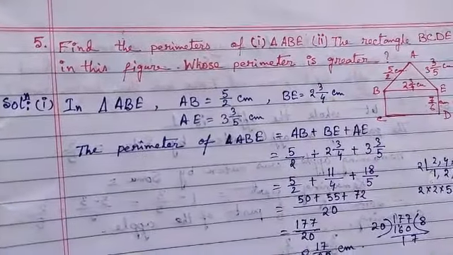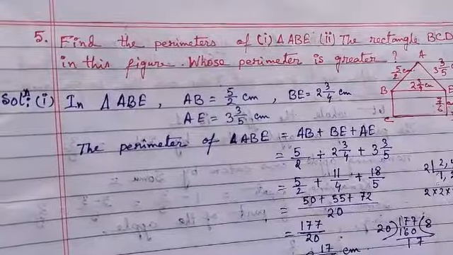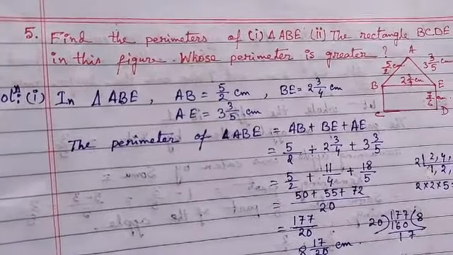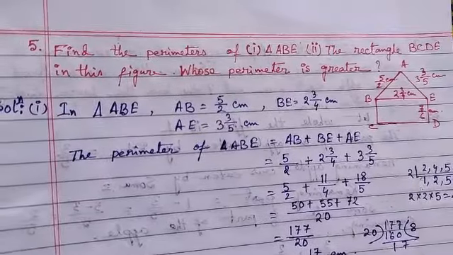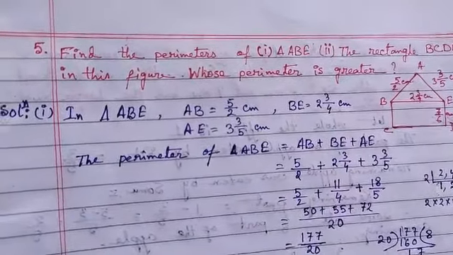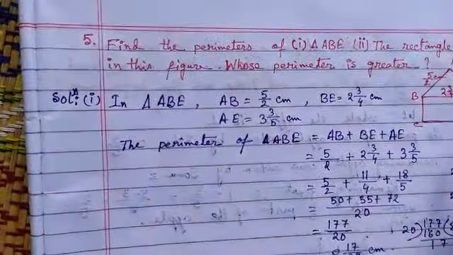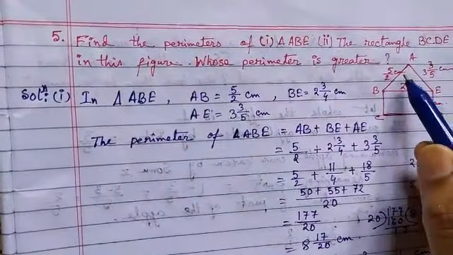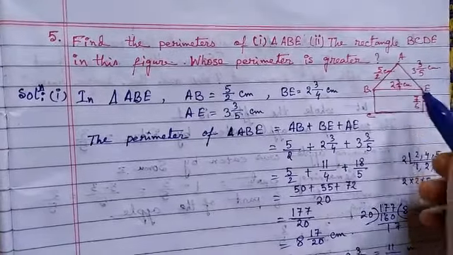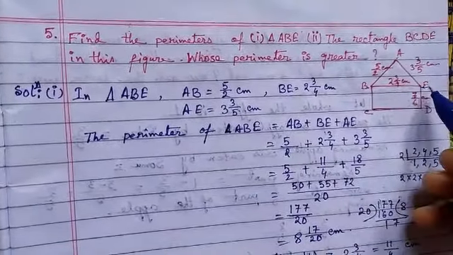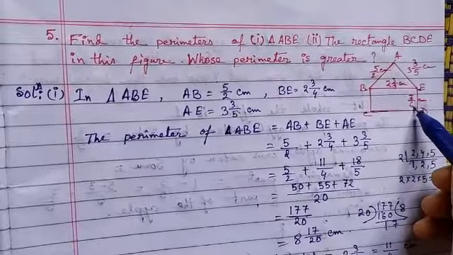Question number 5. Find the perimeters of number 1 triangle ABE, number 2 the rectangle BCDE in this figure. Whose perimeter is greater? Here from this figure we can see that AB length is given, AE length is given, BE length is given, and ED length is given.